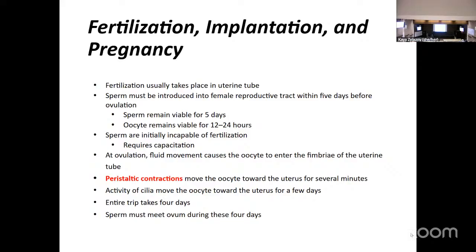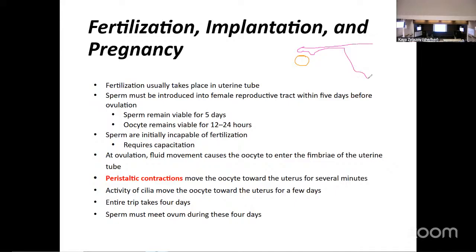So if we're thinking about that diagram I just drew you, we have our ovary, we have our uterine tube leading into our uterus, right? We are not getting to the end of that before that oocyte loses its viability, right?